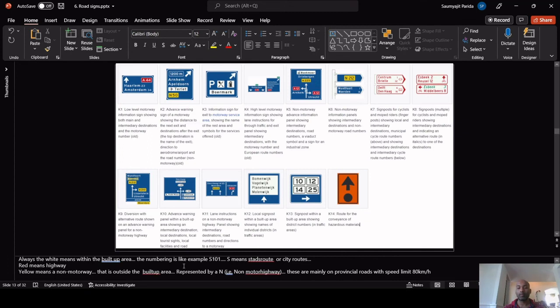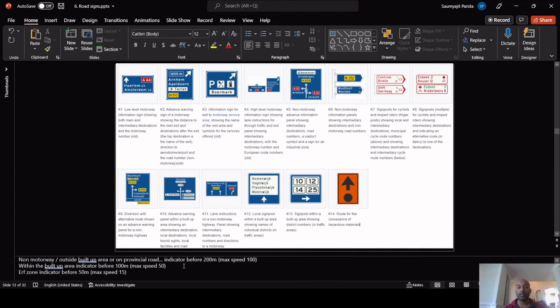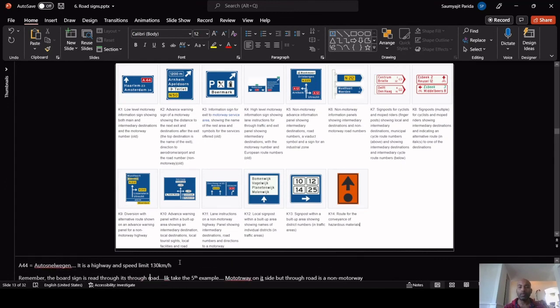Within the built-up area, maximum speed is 50 km per hour, and you have to indicate before 100 meters. Here indication before 300, 200, and here it is 100. Maximum speed is 50 km per hour. And within the zone, maximum speed is 15 km per hour.